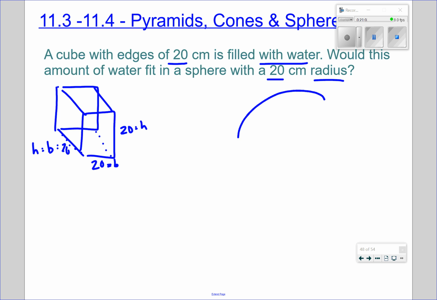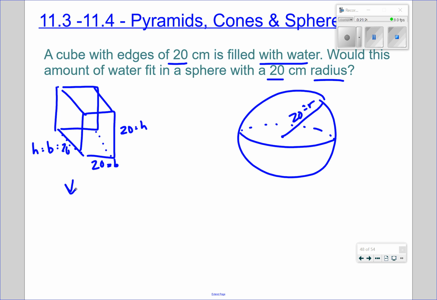And then we have this sphere, which could be something like this, and this time we have a radius of 20. So it says, would the volume of the water in the cube fit into the sphere? So let's go ahead and find this.